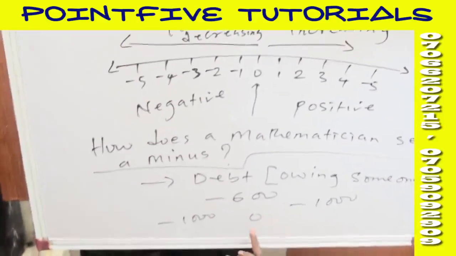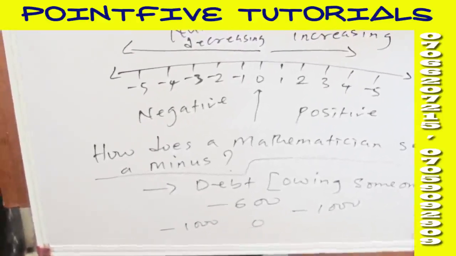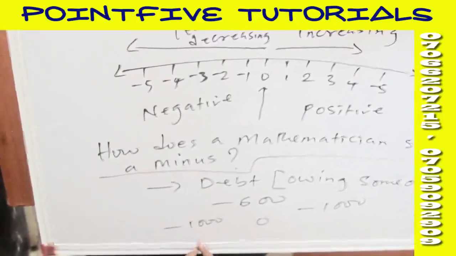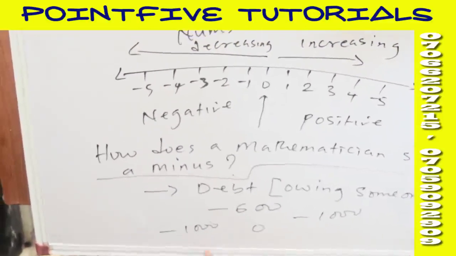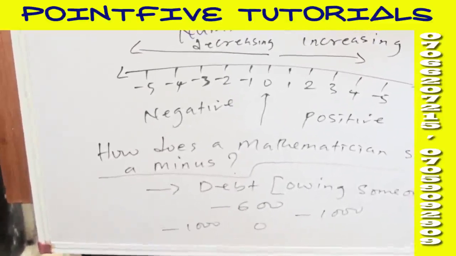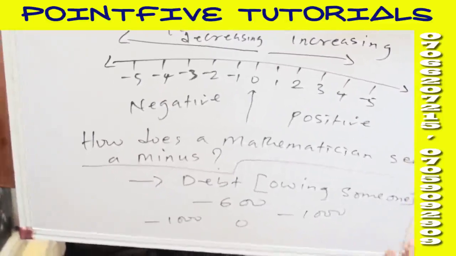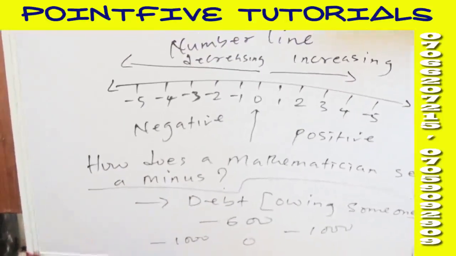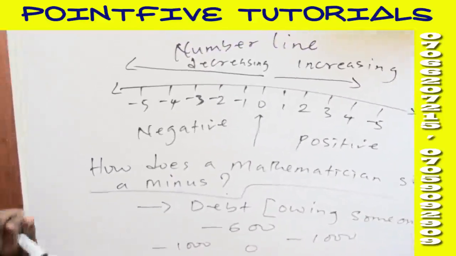So somebody whose account is zero is far better than the person whose account is reading minus 1,000, because you must pay 1,000, but this person does not need to pay anybody. So a mathematician sees minus as what? Debt. When you are owing, please put minus at the front to indicate.